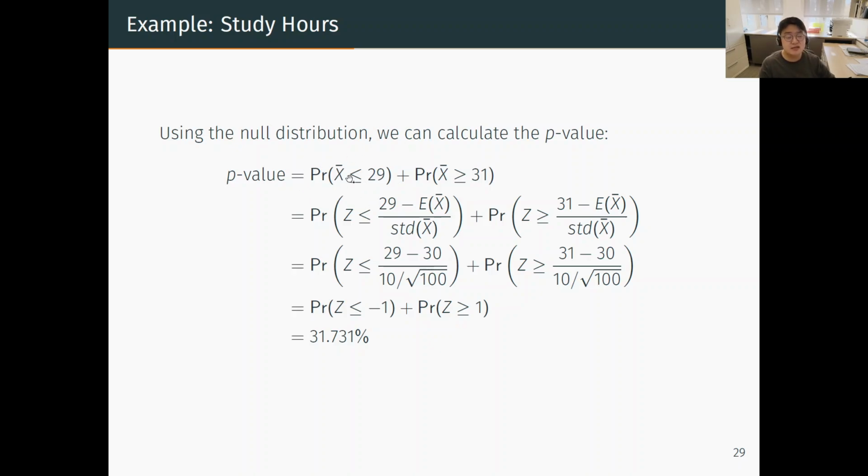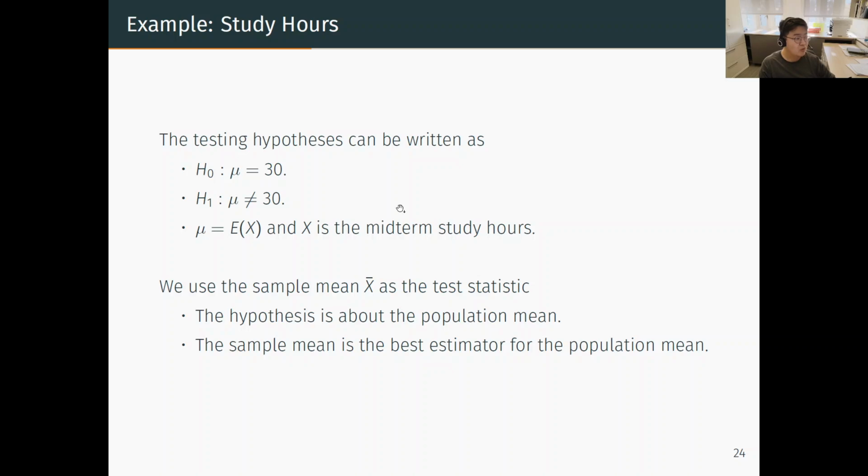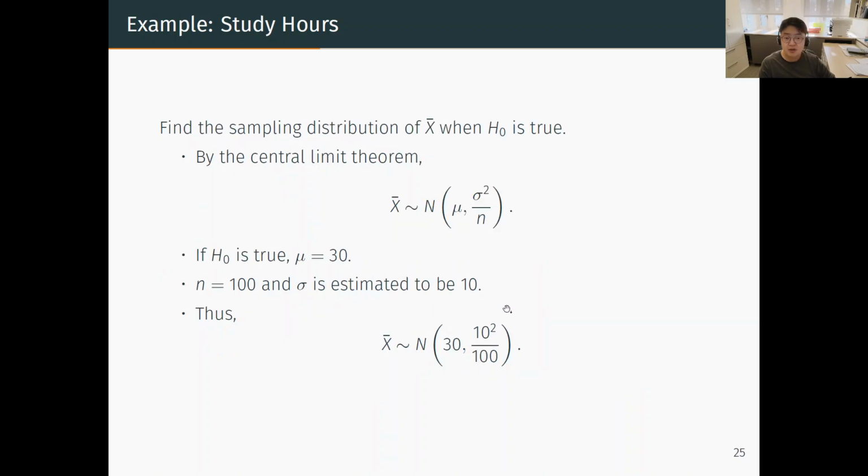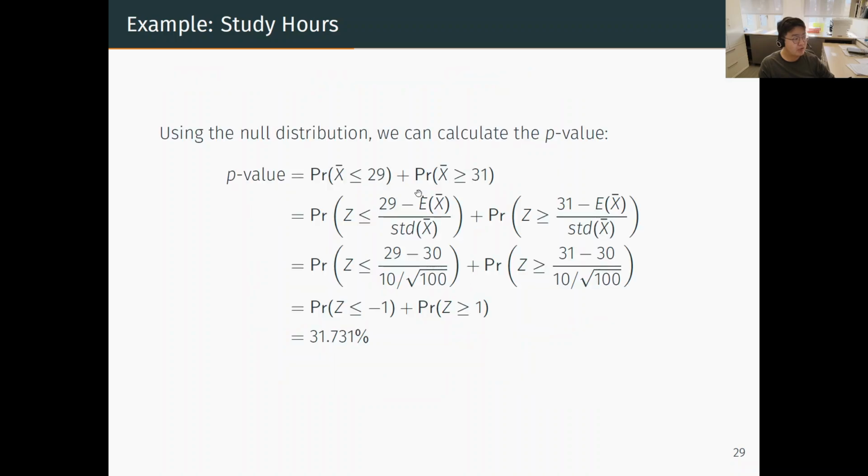And how do we calculate this? We are going to standardize the normal distribution. We know the distribution of x bar; we calculated the approximate normal distribution parameters like this. So we use those parameters for the standardization.